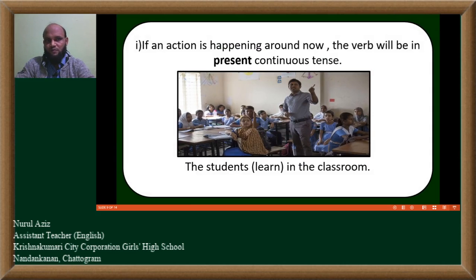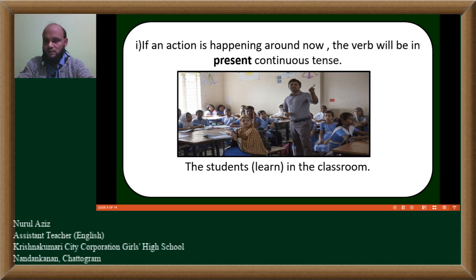Next rule, if an action is happening around now, the verb will be in present continuous tense. You see here the students are learning in the classroom and this is happening now. That is why this is in present continuous tense. So in that case we have to remember the structure, how we can write present continuous tense. We know the subject plus am, is, are plus verb plus ing.